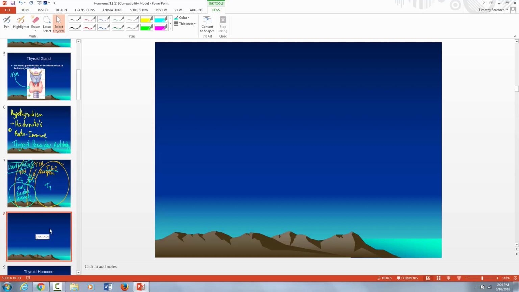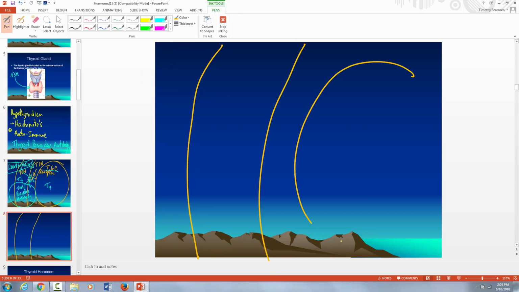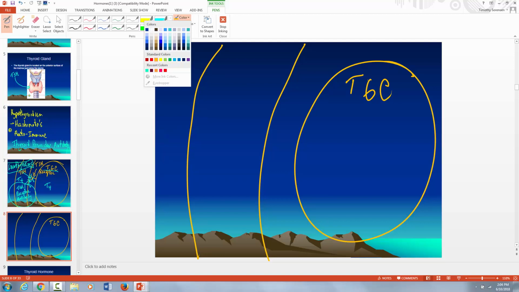The other thing is that in the early stages of the disease, and this is important, Hashimoto's disease will actually produce symptoms of hyperthyroidism.